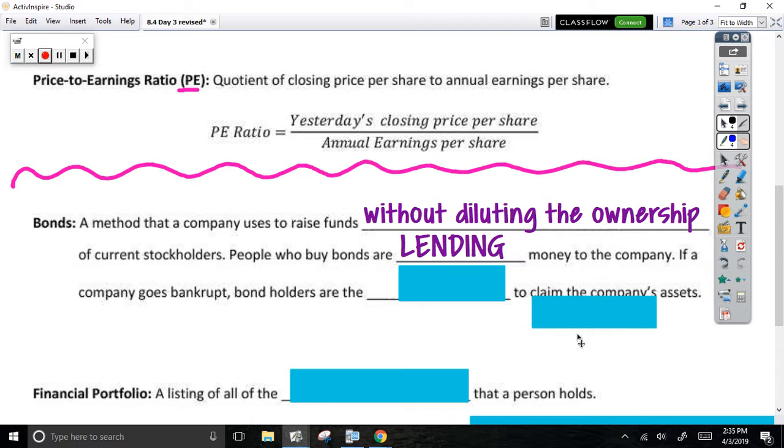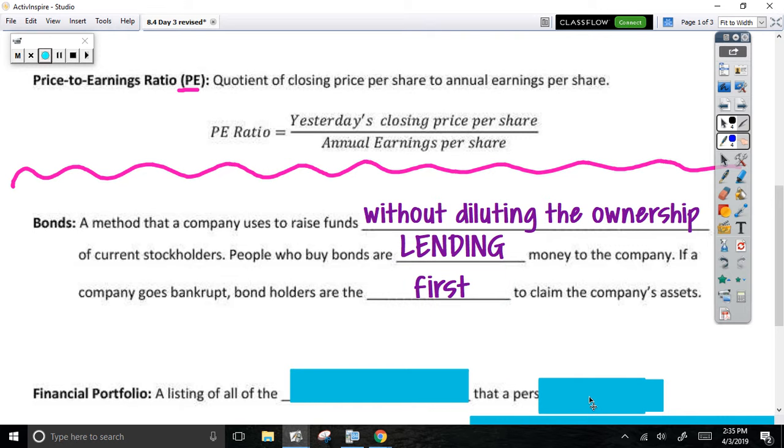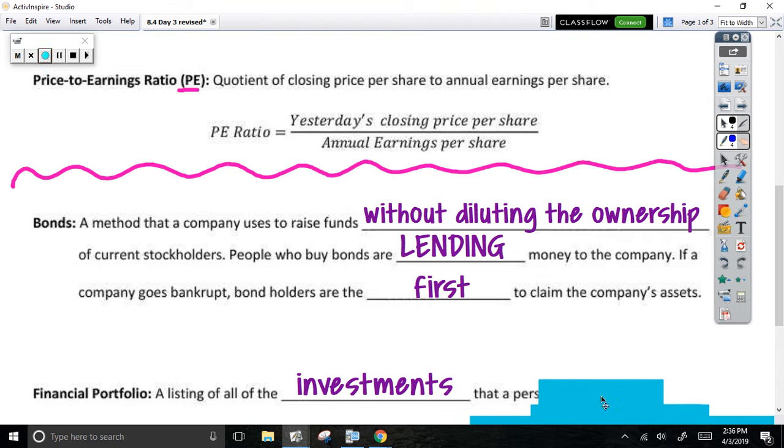People who buy bonds are lending money to the company. Now, if a company were to go bankrupt, bondholders are the first to get paid out. Okay, so bonds are safer than the stock market because they're pretty much guaranteed, especially a government bond. And a financial portfolio is a listing of all investments that a person holds.